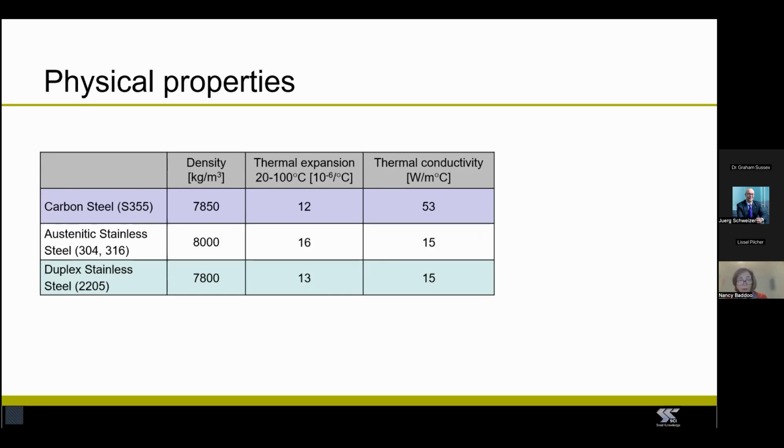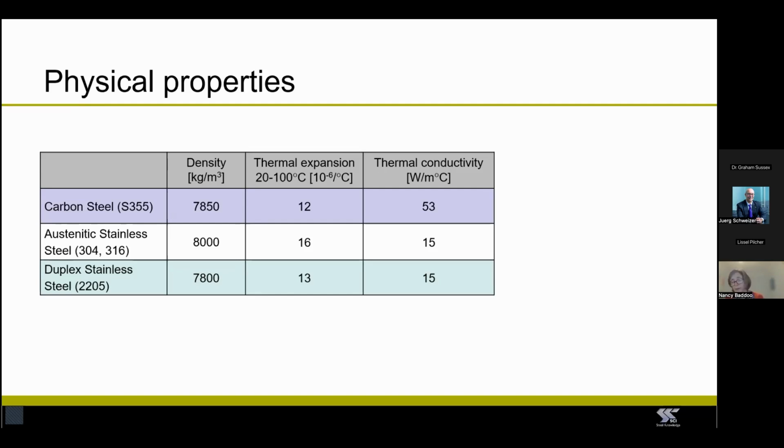The thermal conductivity of both austenitic and duplex stainless steel is only about 30% that of carbon steel. So that can be useful and can be less useful. Sometimes you want low thermal conductivity if you're preventing the transfer of heat to enhance the energy efficiency.